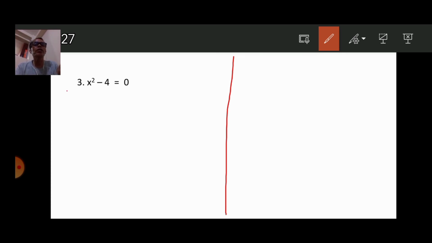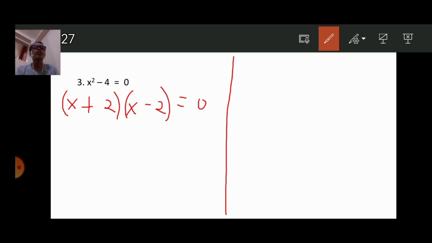So, therefore, getting the square root of x squared, you have x. Getting the square root of 4, you have 2. So one is positive, the other one is negative. Equating the factors to 0, you will have x plus 2 is equal to 0. Then x equals negative 2.